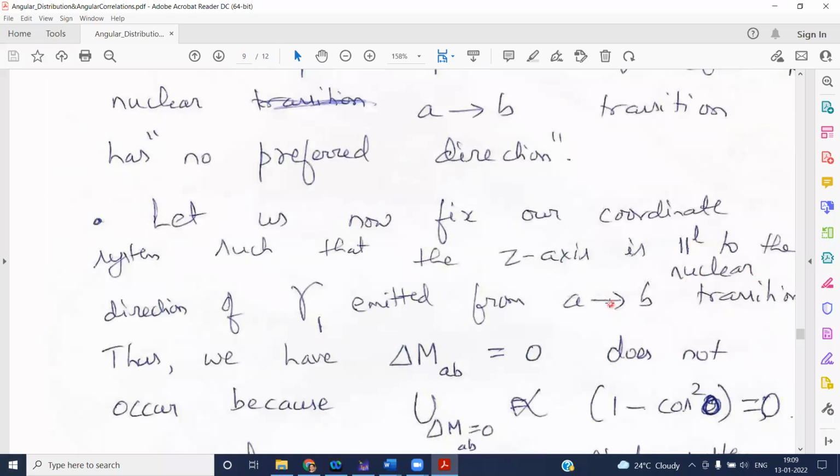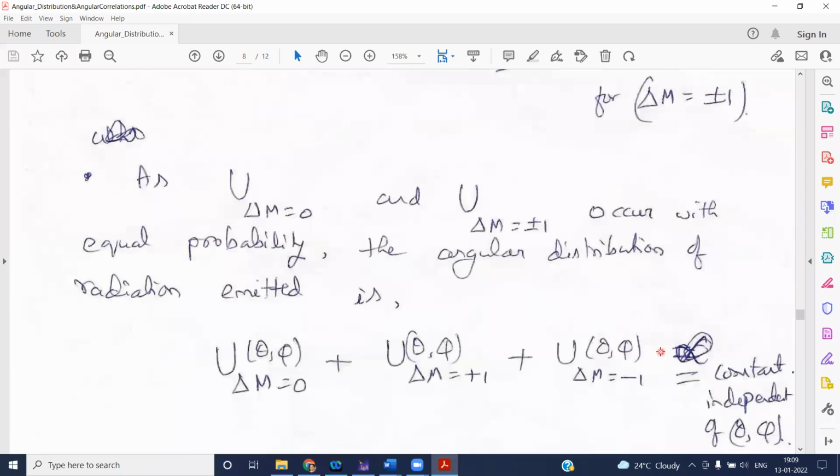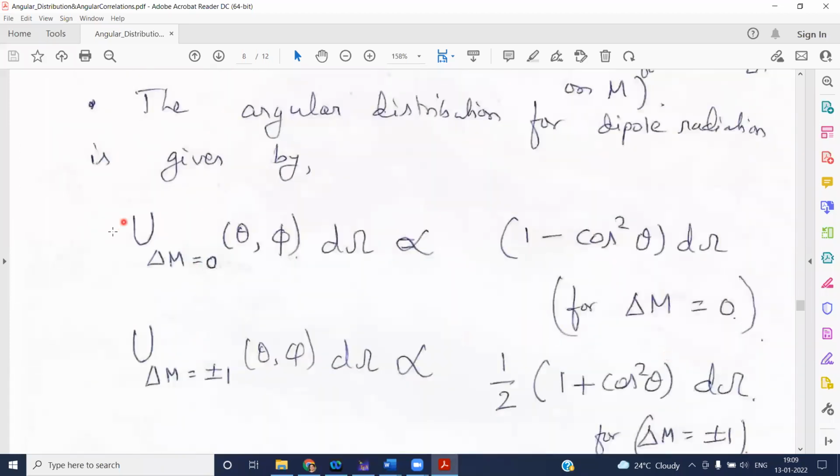What do I get now? I should check what the angular distribution is now. I have U of delta M equal to 0 is 1 minus cos squared theta. What is the angle theta if the direction is the z-axis? What is the angle between the z-axis and the z-axis?